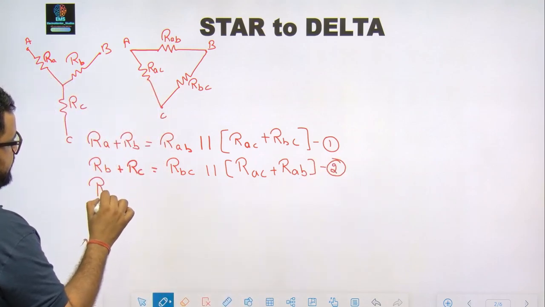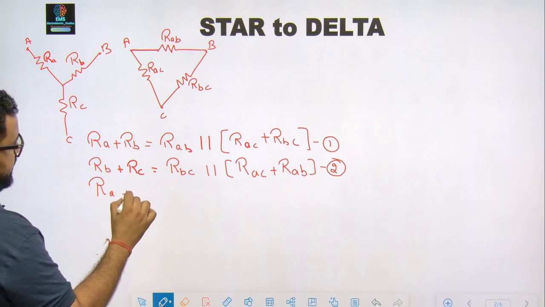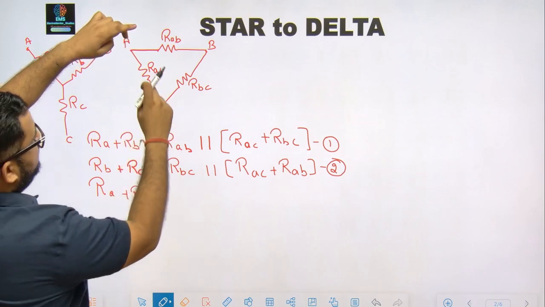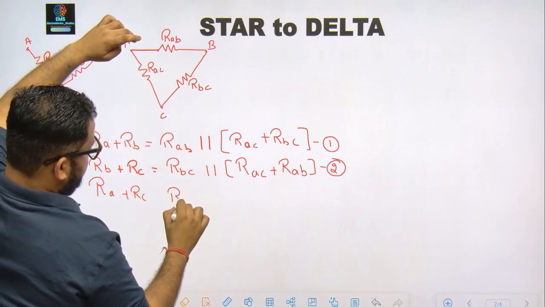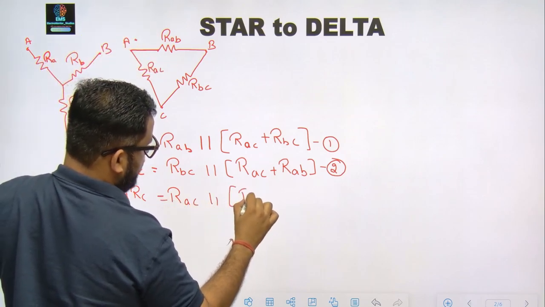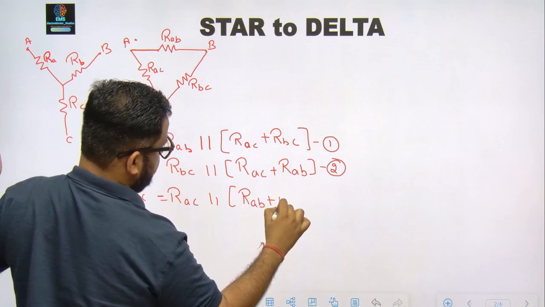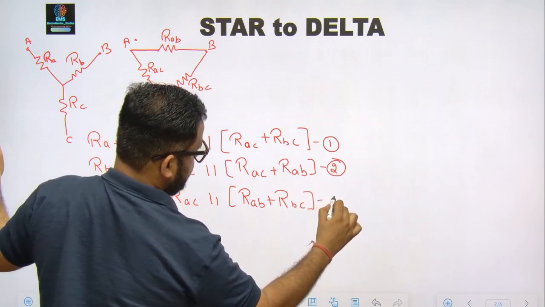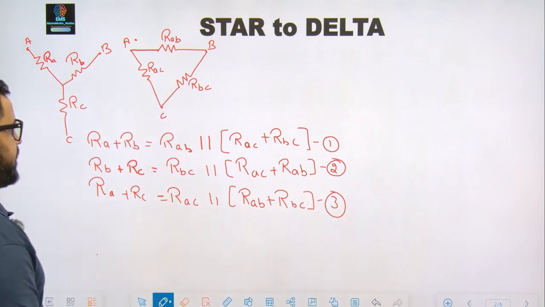My third general equation will be RA plus RC, looking at this side of the network. So this arm RAC is in parallel with RAB plus RBC. This is my third general equation.